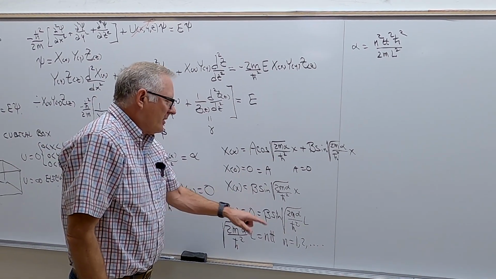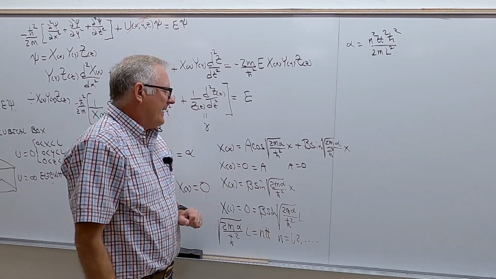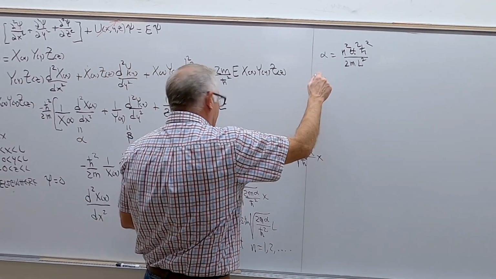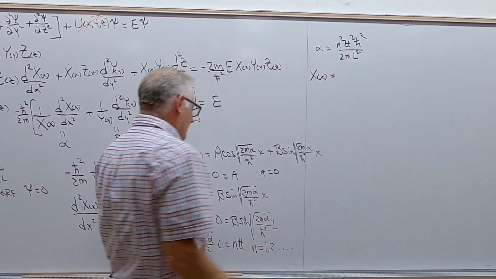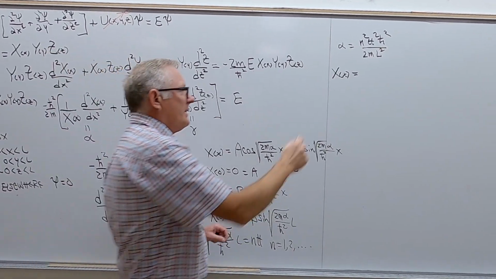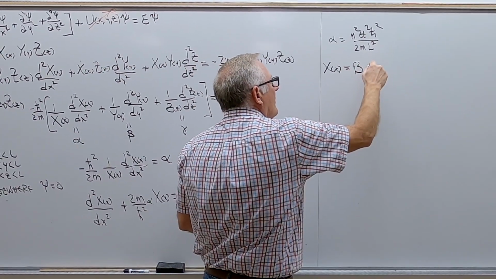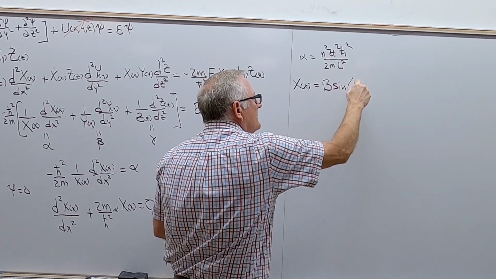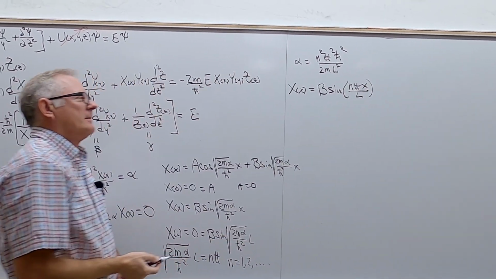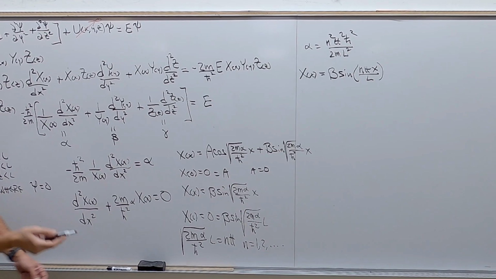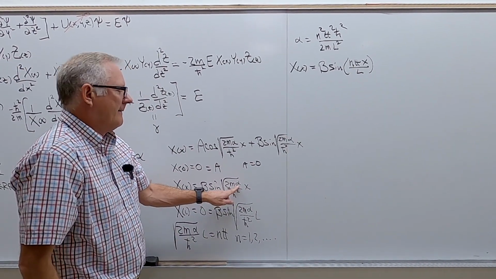And then we took that alpha and plugged it back in, and we got X sub x equal to, okay, I'll do it in 2 steps, B sine n pi x over L. That's what I get when I plug my alpha right back into here.